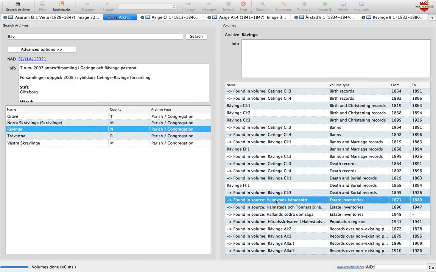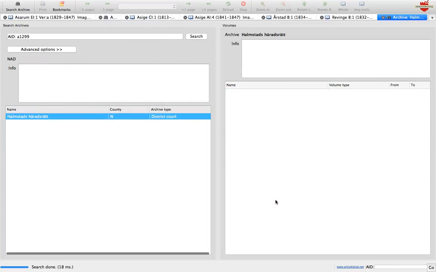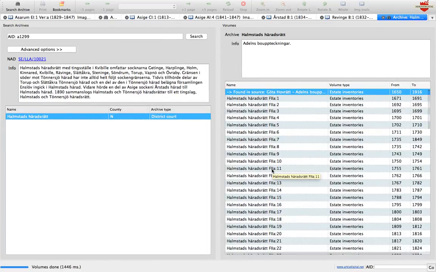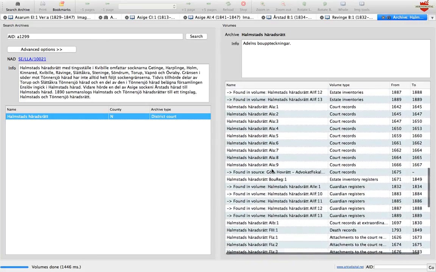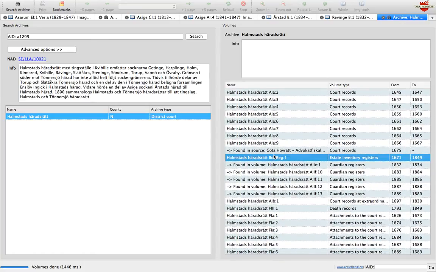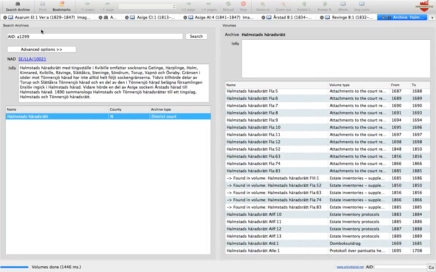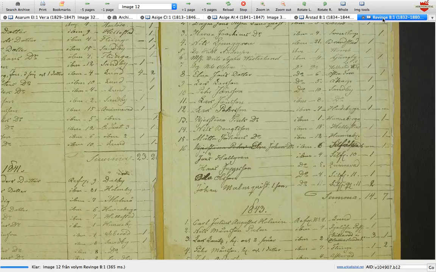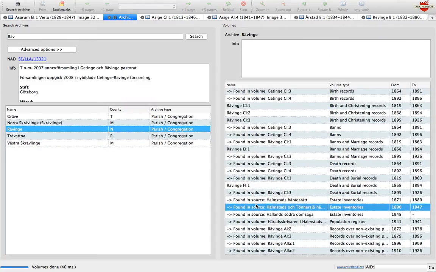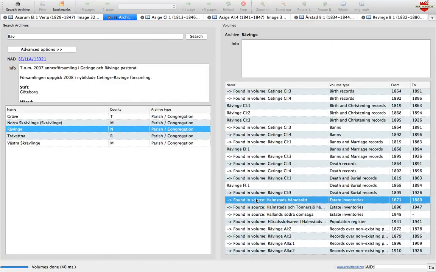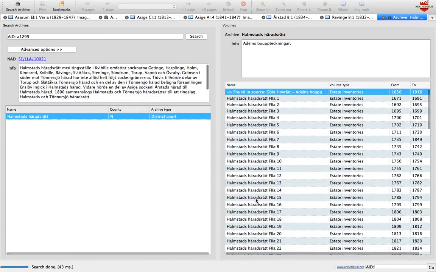What we can do, which is an odd approach, is that we look at 1842. It's too early. This is the estate and inventory, and sometimes they have a register, so that's a way to cheat. 1889.